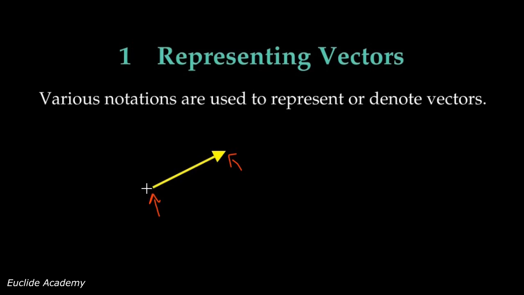So we can label where the tail will be, where the vector is coming from, and the head will be where the vector is going. So we can label this as where the vector has ended up, now it's going.